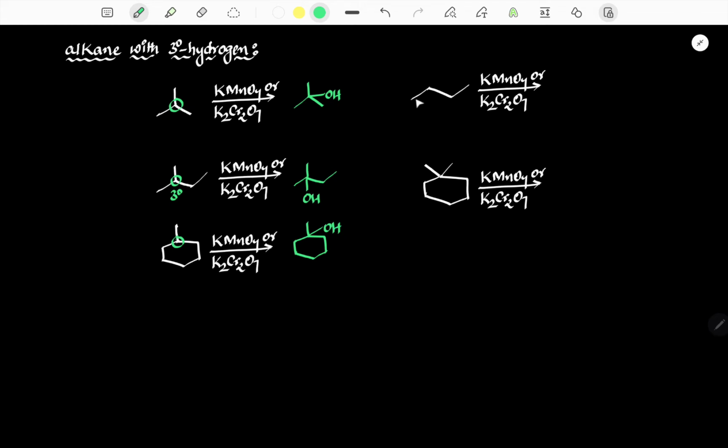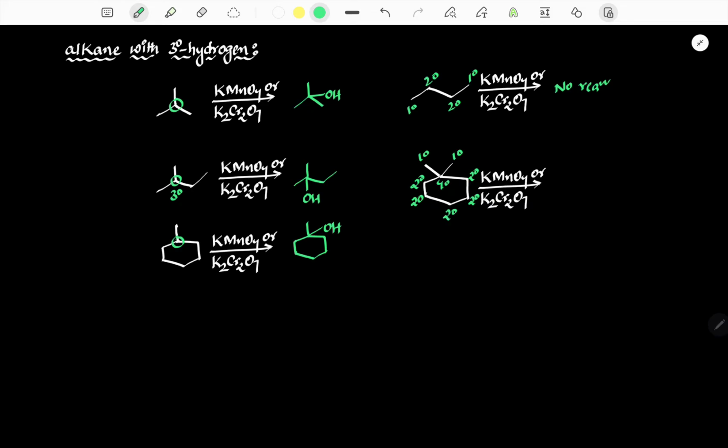Next example, there is no tertiary carbon, it is primary carbon, secondary carbon, primary carbon. So we have to consider no reaction. Next molecule, it is a quaternary carbon, primary carbon, secondary carbon, and secondary carbon.